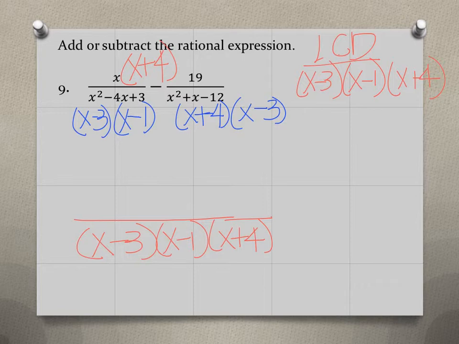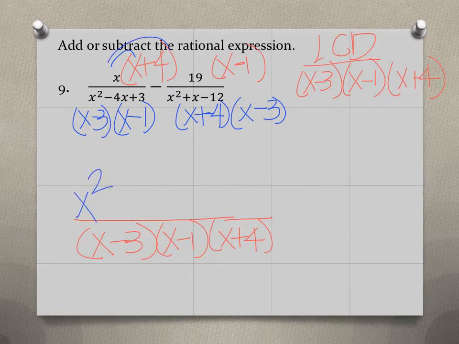And then for the second one, we have an x plus 4 and x minus 3. We're missing an x minus 1. So we want to multiply the second numerator by x minus 1. So now if we rewrite it and distribute, if we distribute x times x, that'll be x squared.